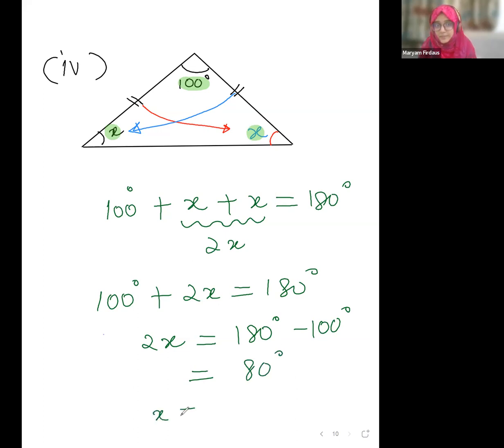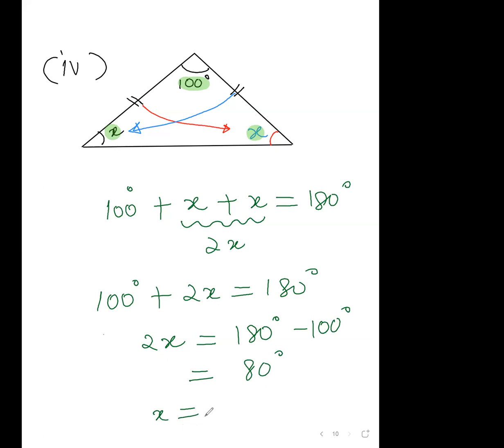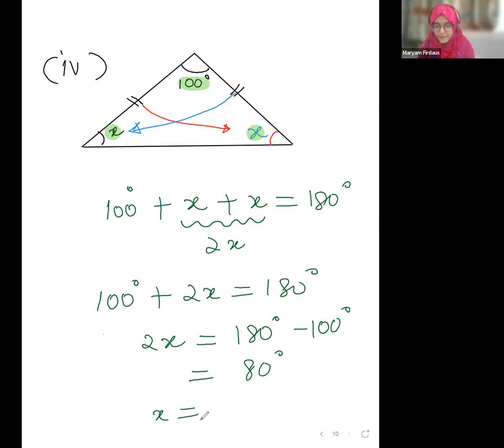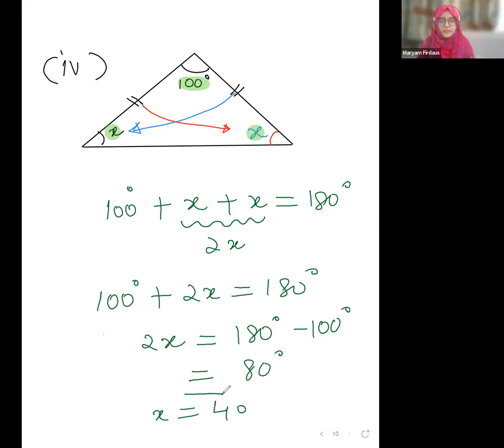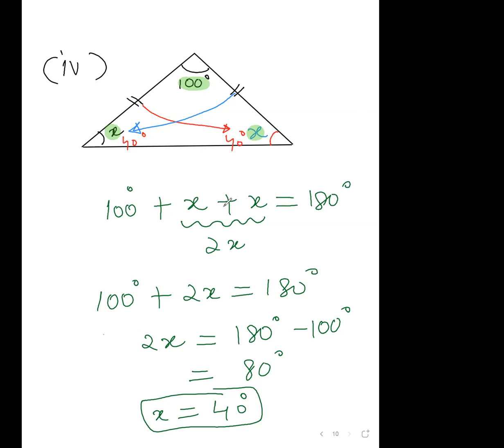So 2x is equal to 80, and x is 40. Very good, 40 degrees. So we have found x is 40 degrees. Okay, just look here. This is 40, this is 40. So 40 plus 40 is 80. 80 plus 100 is 180. All cool? Yeah. Okay.